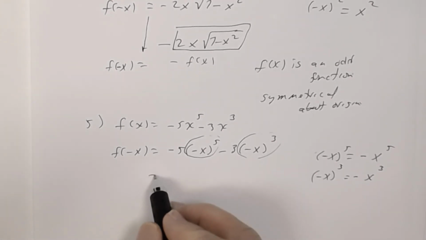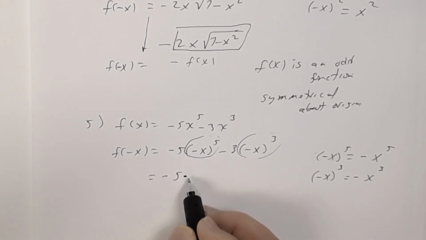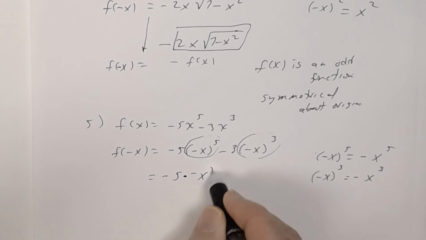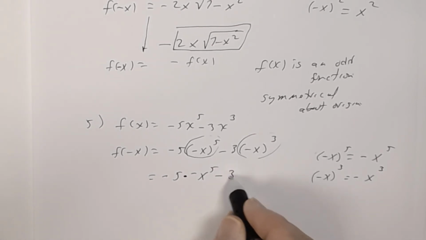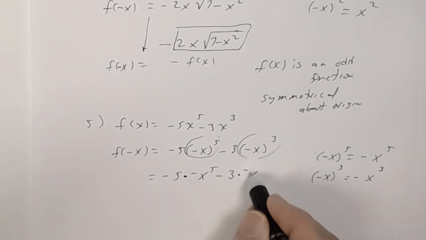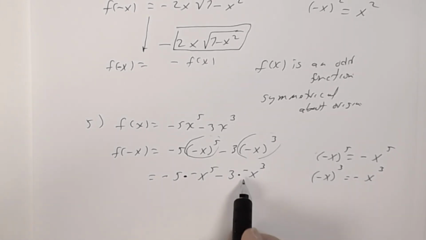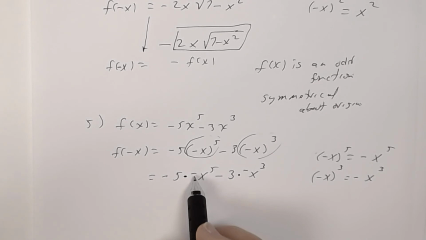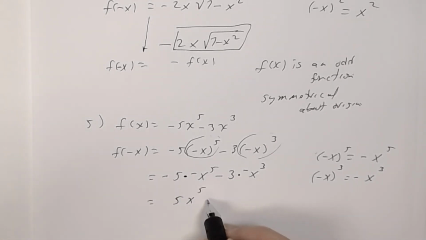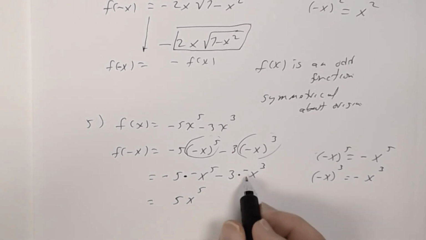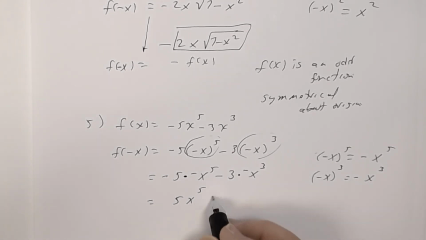So I'm going to rewrite this as negative 5 times a negative x to the 5th minus 3 times a negative x cubed. Okay, so that's this, that's this. A negative times a negative is a positive, so this becomes 5x to the 5th, right? A negative times a negative is a positive, plus 3x cubed.